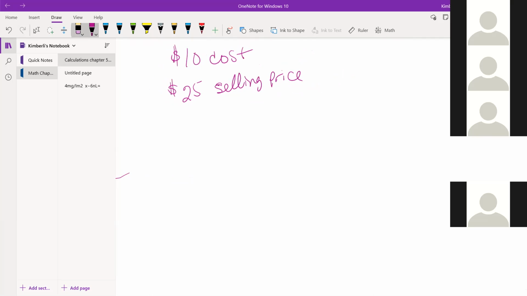So it's 25 minus 10, which is $15. And is that gross or net? Gross. So this is your gross profit before expenses.